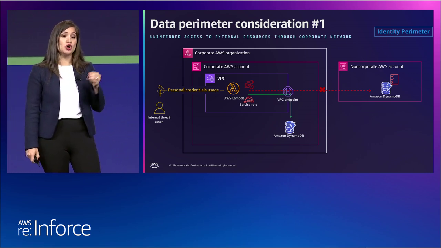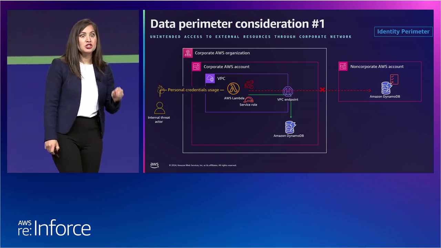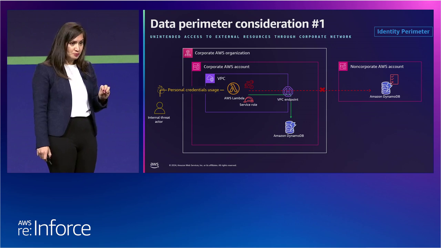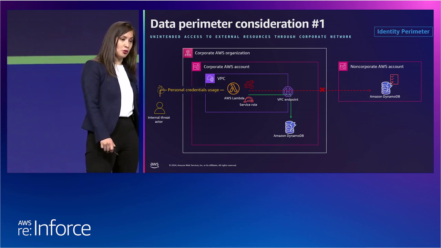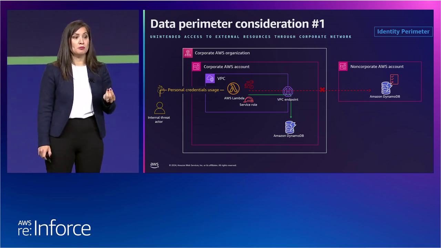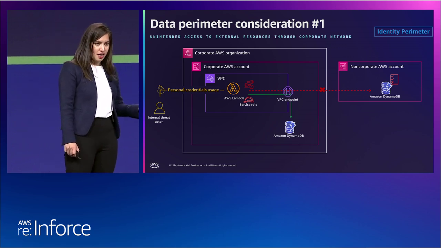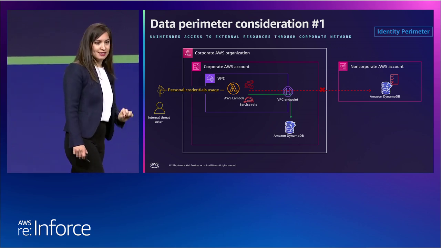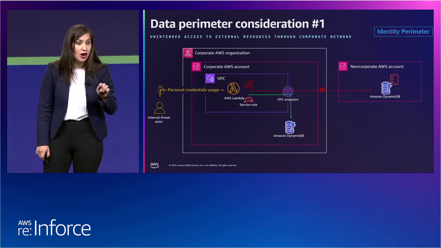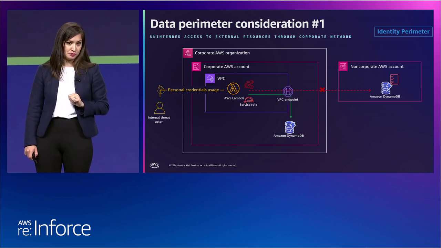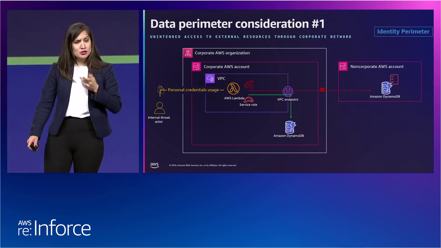When personal credentials are introduced into your environment, the policy in the VPC endpoint becomes your primary control to make sure that only identities that belong to your environment can use that network. What else could happen?